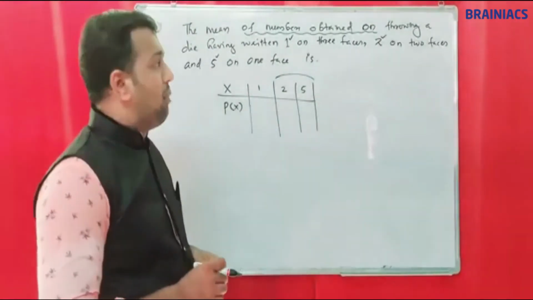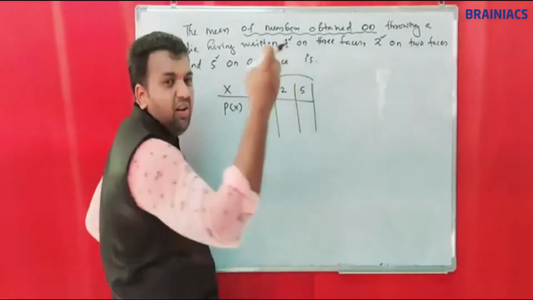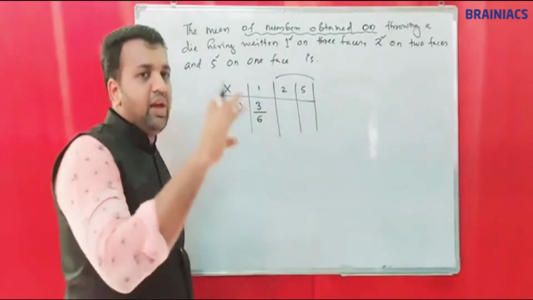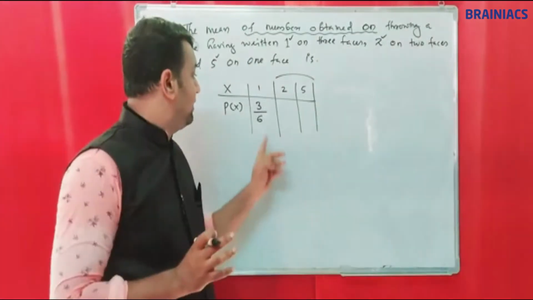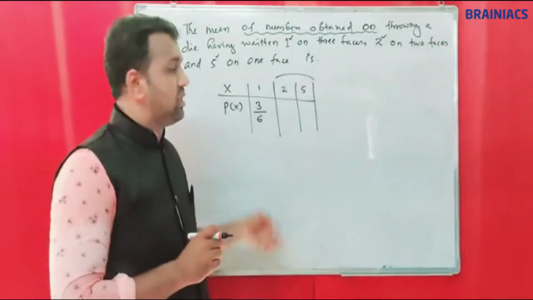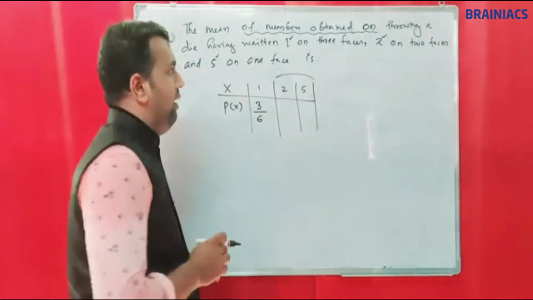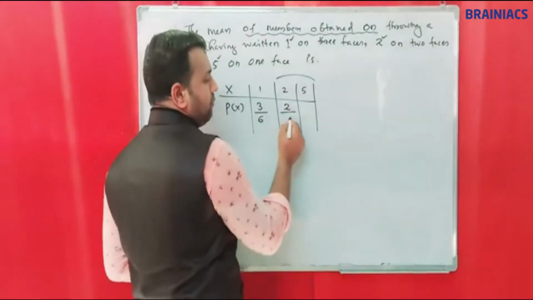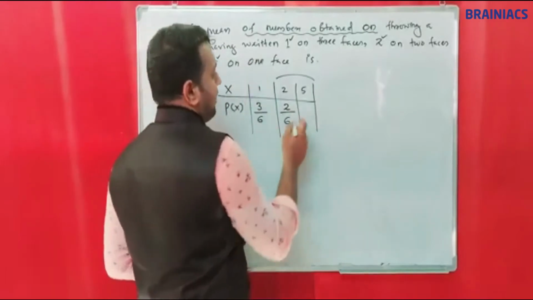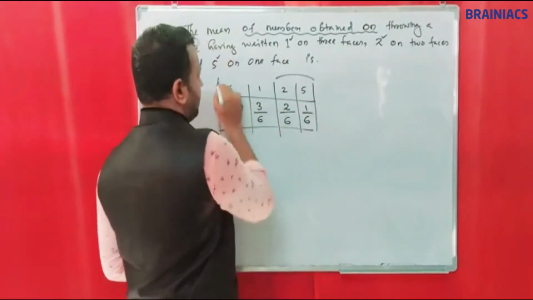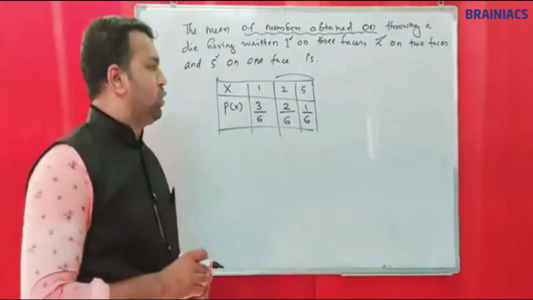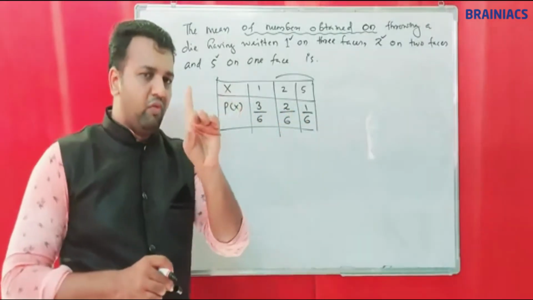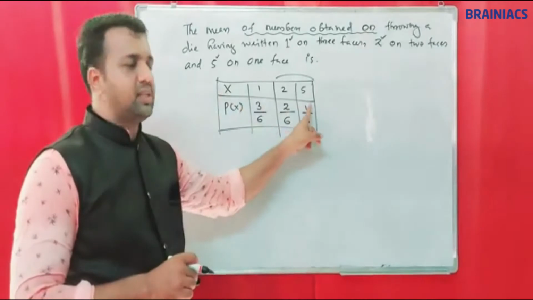For 1, it is marked on 3 faces out of 6 total faces, so the probability is 3 by 6. 2 is marked on 2 faces, so the probability is 2 by 6. And 5 is marked on 1 face, so the probability is 1 by 6. The sum of these probabilities must be 1: 3 plus 2 plus 1 is 6, and 6 by 6 is equal to 1.